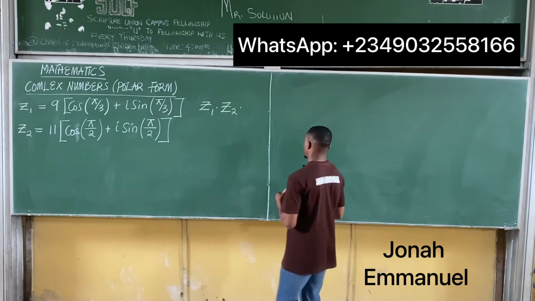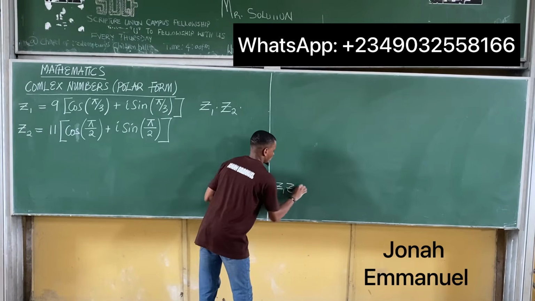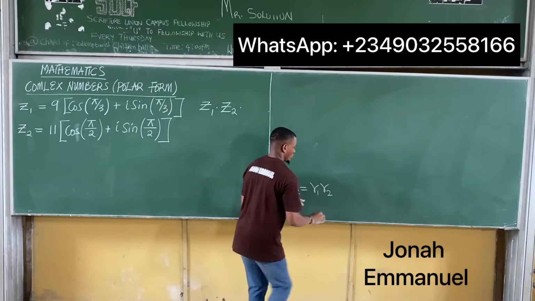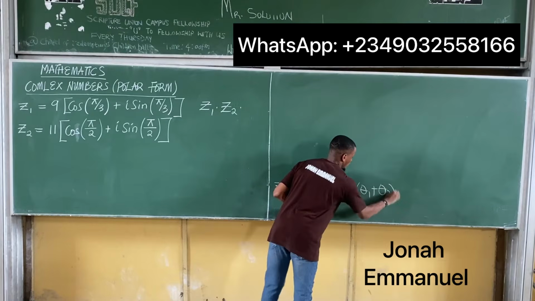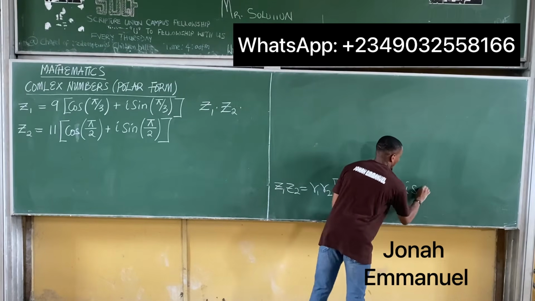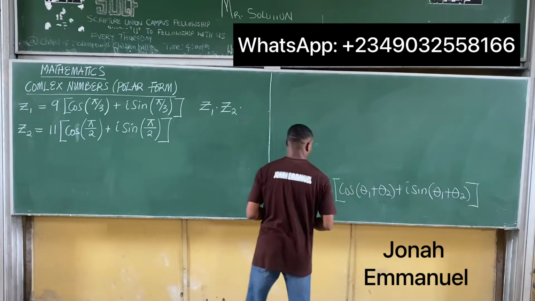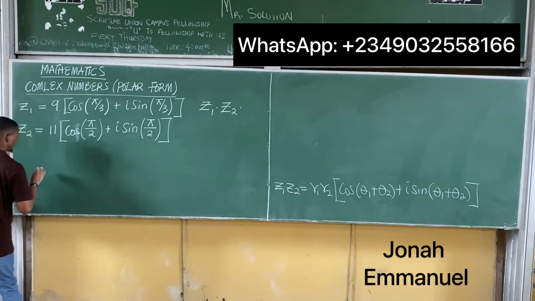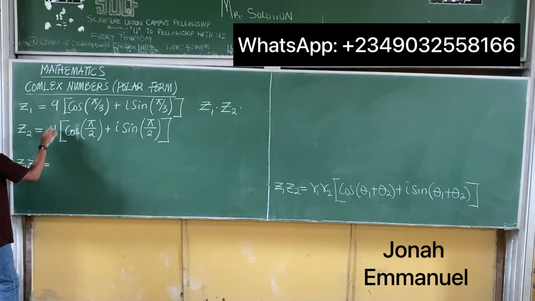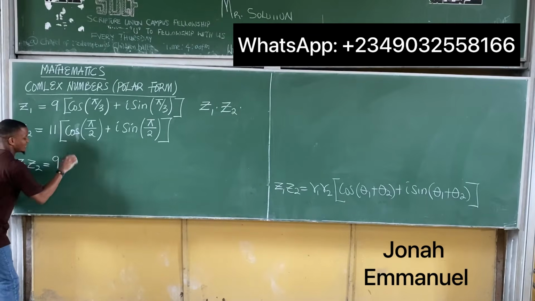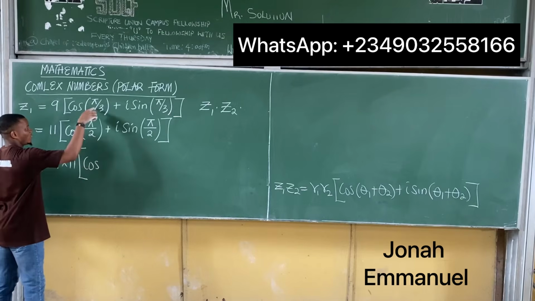Remember that we said, let's recall something. Recall that we said z1 z2 is equal to r1 r2 into cos of theta 1 plus theta 2 plus i sine theta 1 plus theta 2. So the idea was simple: z1 z2 is equal to multiply the two moduli, so 9 times 11 into cos of theta 1 plus theta 2.